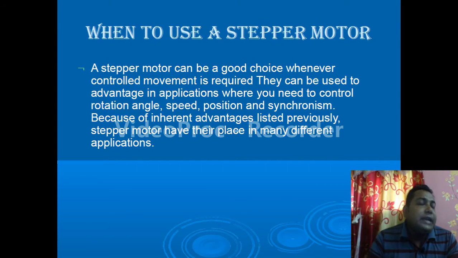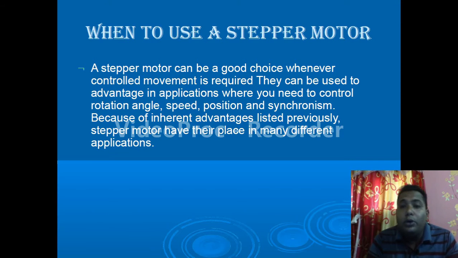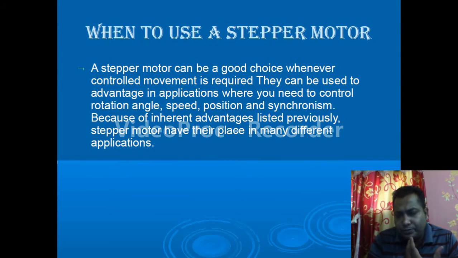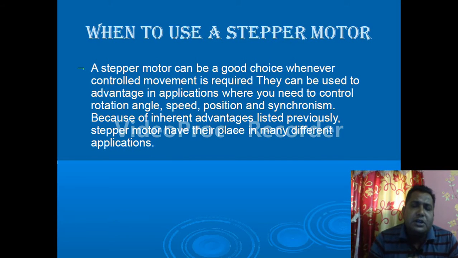Because of the inherent advantages listed previously, stepper motors have their place in many different applications. That means where we need controlled movement, maybe in different industries, different robotic arms. So speed control, position control, synchronism control: for these different purposes we have applications for the stepper motor.